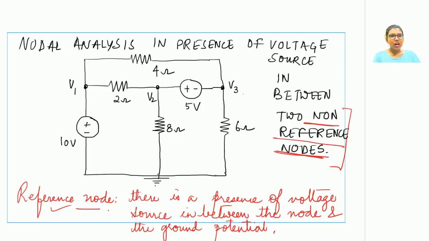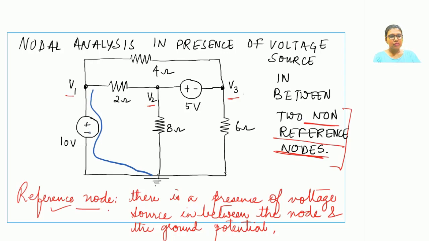Now for our understanding, there is a circuit present over here. As we can see, it has three nodes, one at V1, another at V2, and the third one at V3. Could we find any reference node present in this given circuit? Yes. As we can see, this node V1 is a reference node. Why is it so?